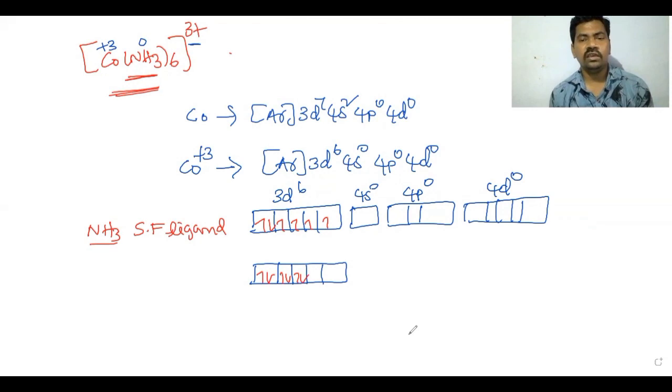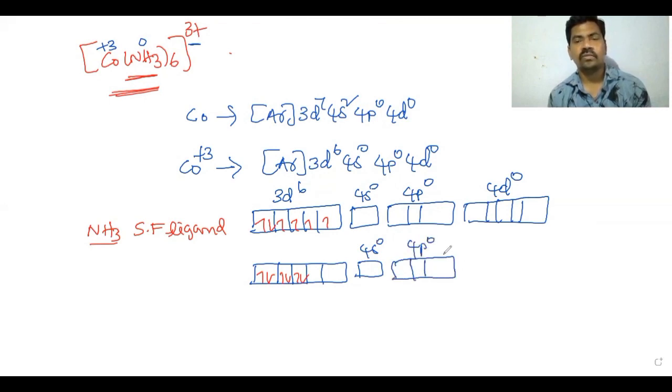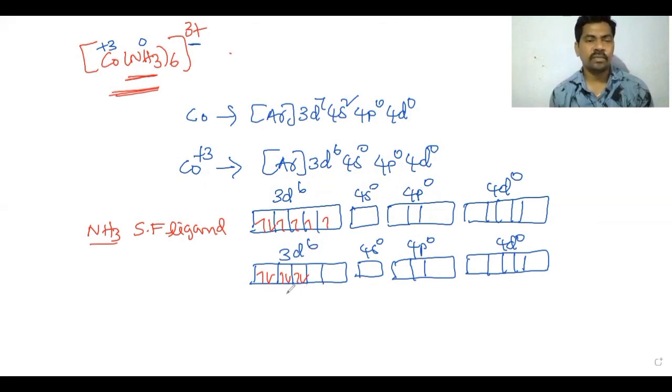This is the very important step. 4s0 same, 4p0, 4d0, and this is 3d6. Because ammonia is a strong field ligand, all the electrons are getting paired.